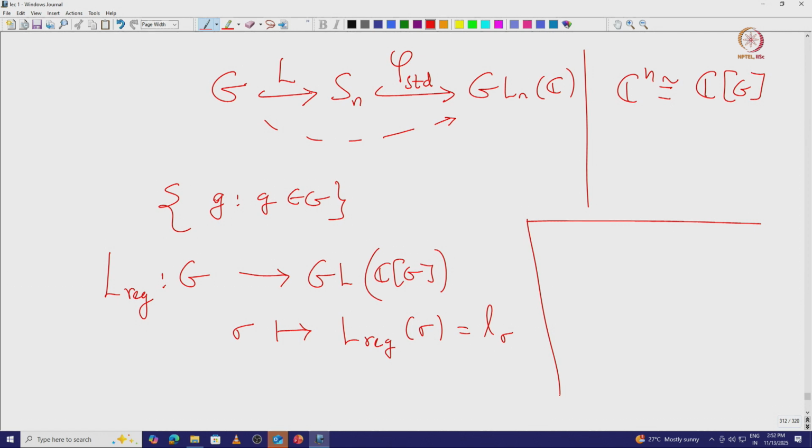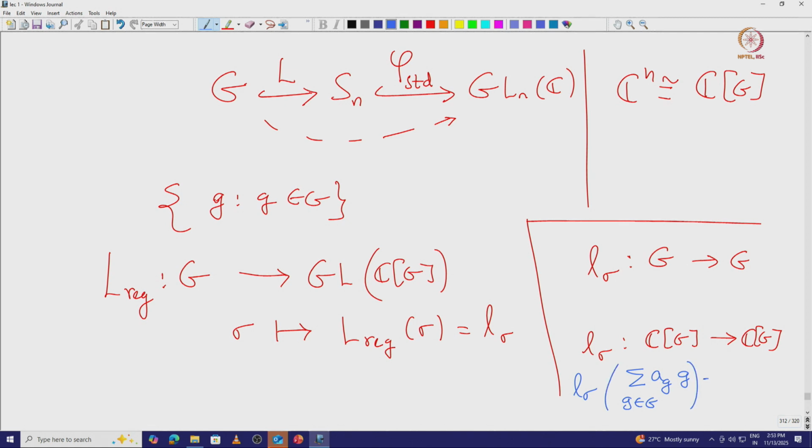Note that L sigma is a map from G to G. Now this can be extended linearly to CG to CG, because G is the basis and any set map from G to G can be extended linearly. Very explicitly, we take some linear combination of elements of G, and then L sigma maps this element to the summation of a_g times sigma g, for g in G. This is how the explicit map is given.